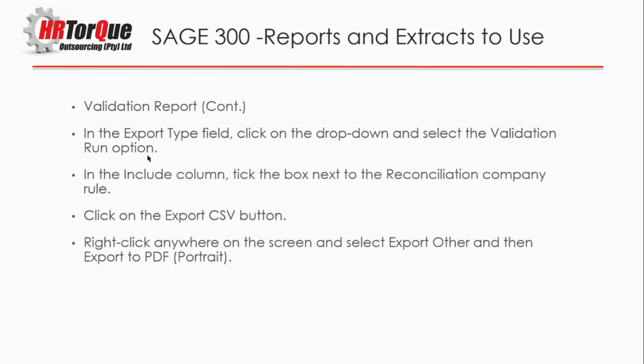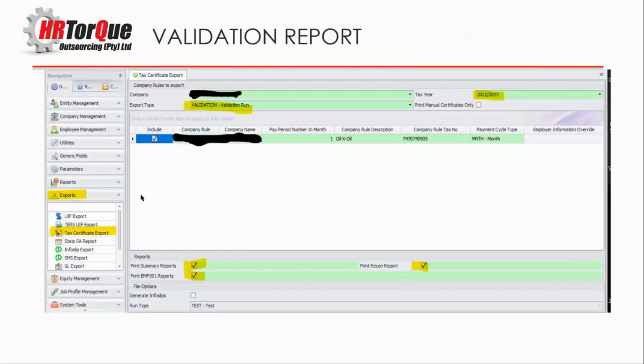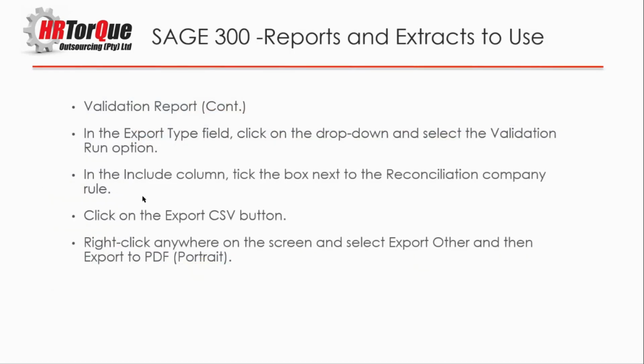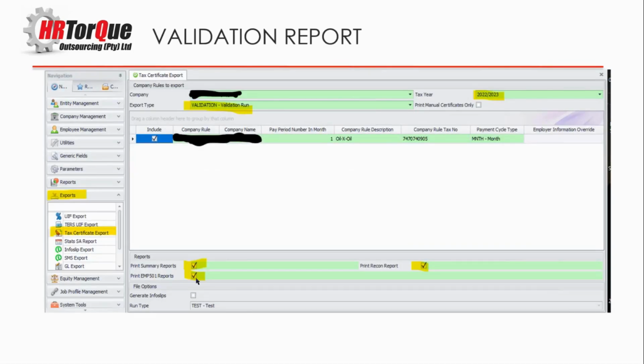And we then can have a look at that report. So you can see here on the screen, here we are. We've got printer summary reports, we've got a printer 501 report, and we've got a printer recon report. Now you can either set those as yes or no, like these ones are set to yes. And then at the top left-hand side, which has been cut off, there is a little button that says export CSV.